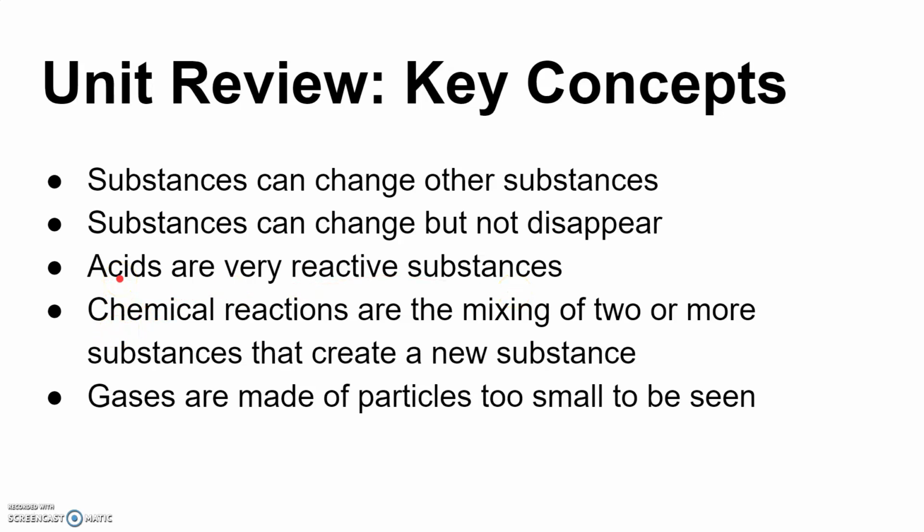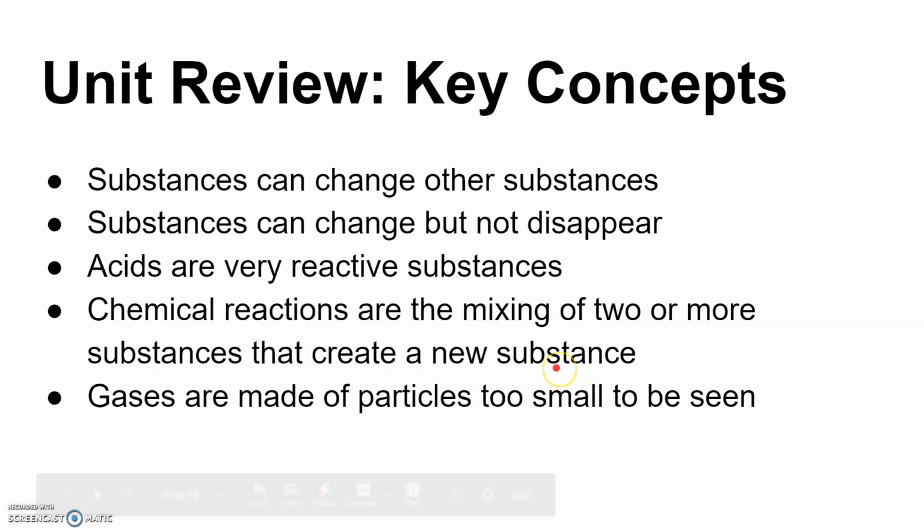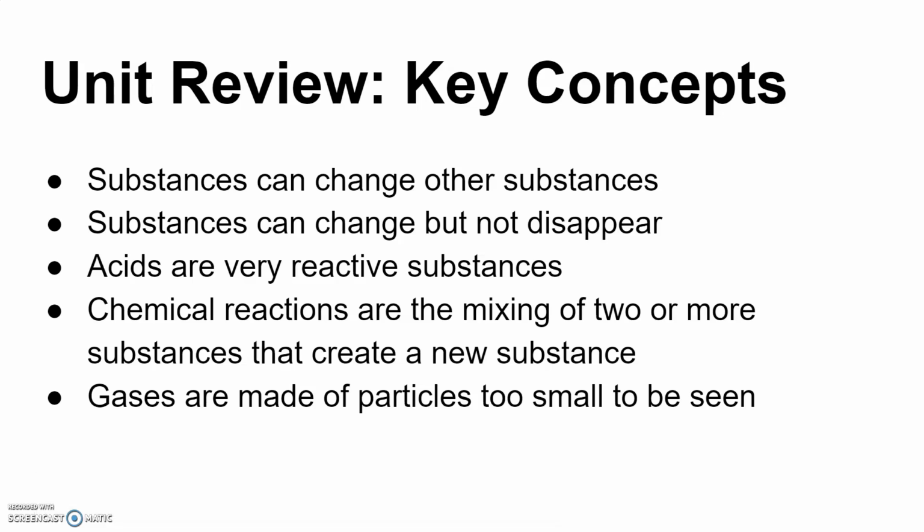Some acids are vinegar, lemon juice. We also saw some big acids like hydrochloric acid, like the ones in the videos that are really, really reactive and very dangerous. Chemical reactions are the mixing of two or more substances that create a new substance, or new substances, brand new stuff. And gases are made of particles too small to be seen. Although we can't see them, we can see how they affect things like balloons and other things like that.